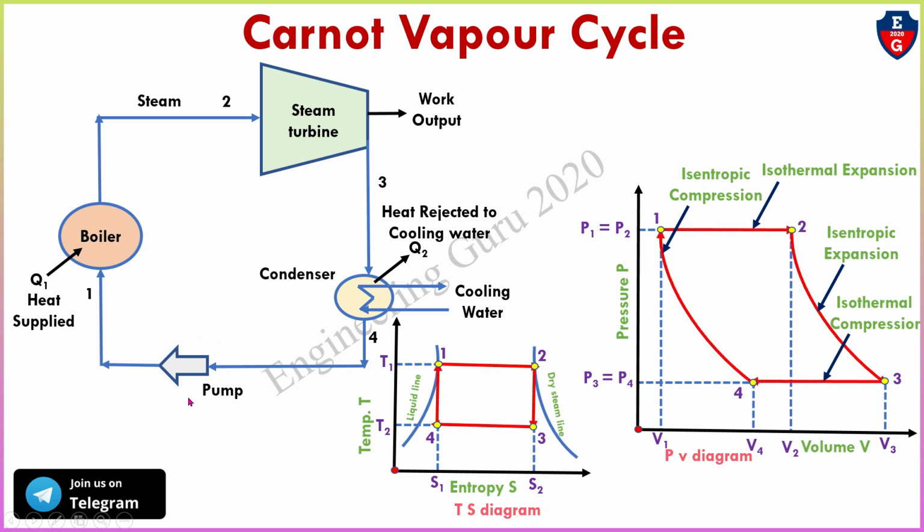In the Carnot vapour cycle the pump is used. As we discussed, the Carnot vapour cycle consists of two isothermal operations, at processes 1-2 and 3-4, and two adiabatic operations, meaning isentropic expansion and isentropic compression. So remember these things, this is very important.